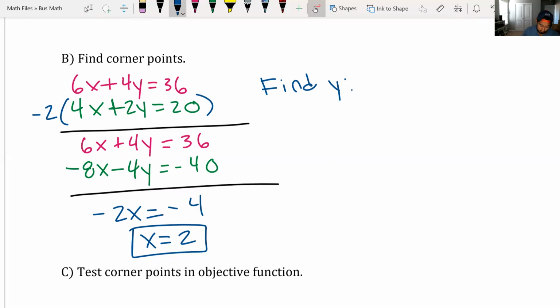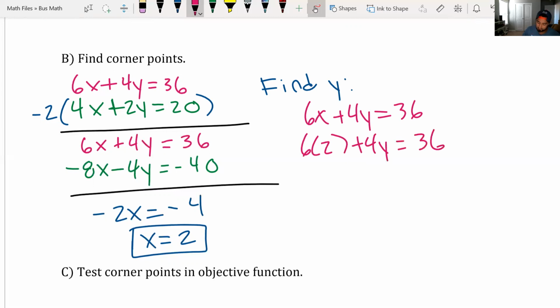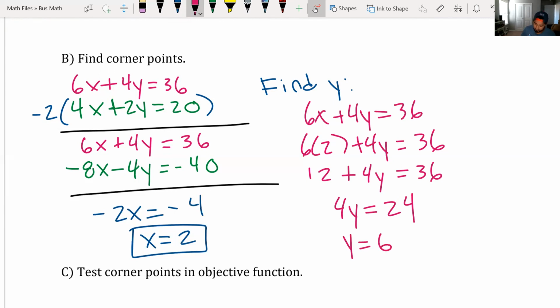And we'll use the first one, sure. 6x plus 4y equals 36. 6 times 2 plus 4y equals 36. 12 plus 4y equals 36. Move the 12 over, and 4y equals 24. And y equals 6.